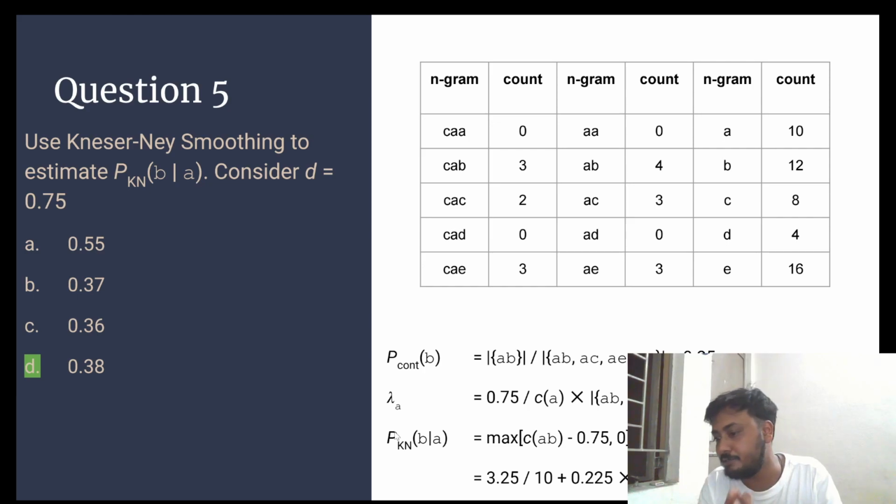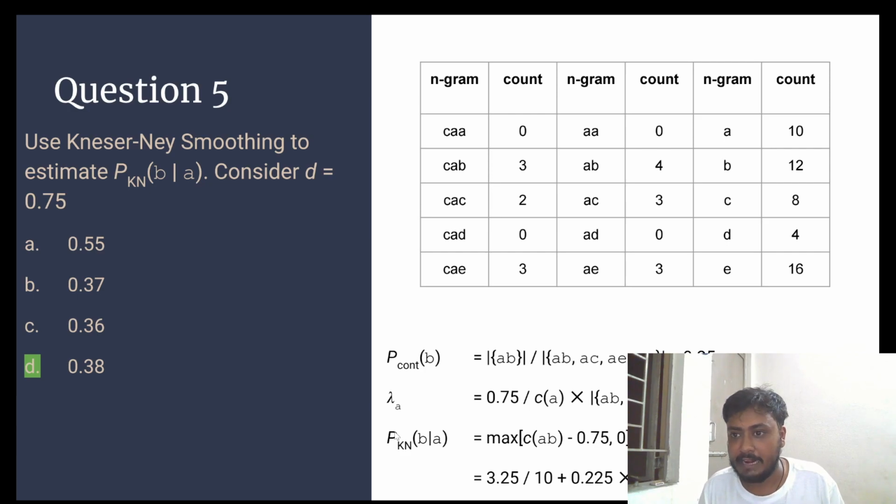Whatever probability you calculate directly, you use them, you just multiply them with the respective weights. That is about interpolation. No discounting, nothing. In backoff, we have to discount. How much to discount is usually mentioned in the question in a form like minus 1 by 16.